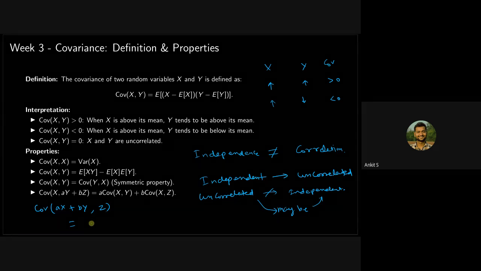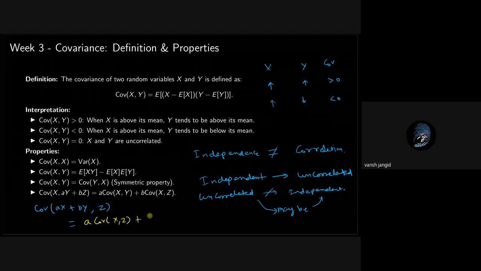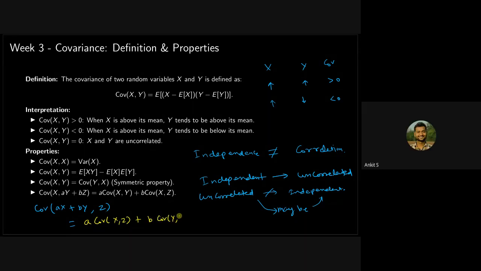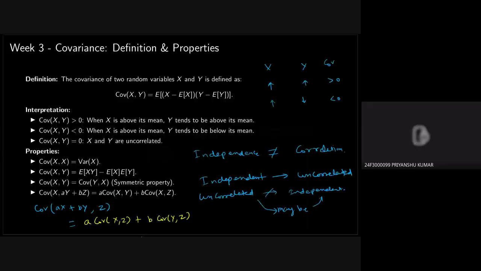Exactly. a times covariance of x and z plus b times covariance of y and z. So this will follow this pattern, and if you remember this, it is very easy, and it will simplify your problem. So can we not do it independently?